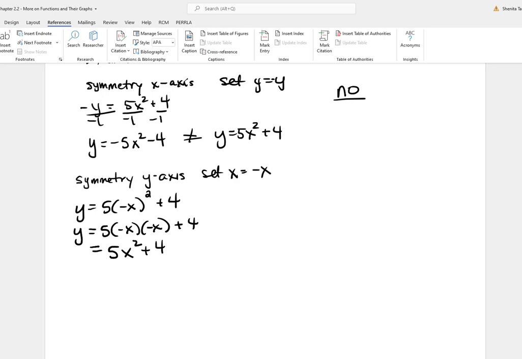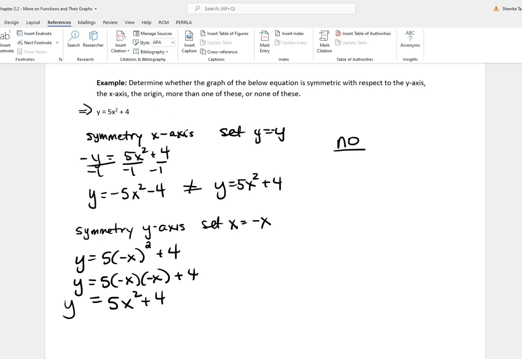So you get 5x squared plus 4, which is what our original equation is. That's what we started off with. So this is equal to 5x squared plus 4. So yes, this is symmetric about the y-axis.